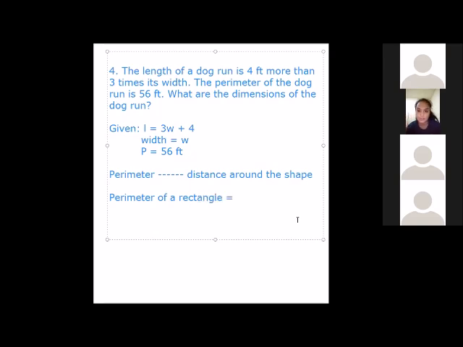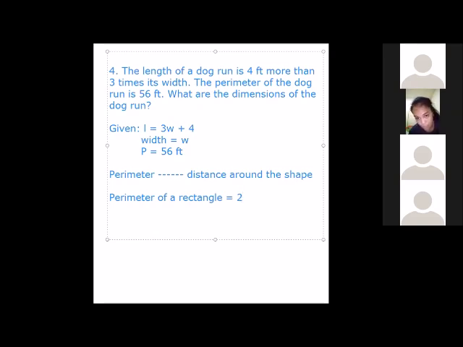In a rectangle, we have the 4 sides, where the opposite sides are equal, the 2 lengths are equal, and the 2 widths are also equal. Can we say that instead of adding all the sides, we can just add the length and the width multiplied by 2, right?